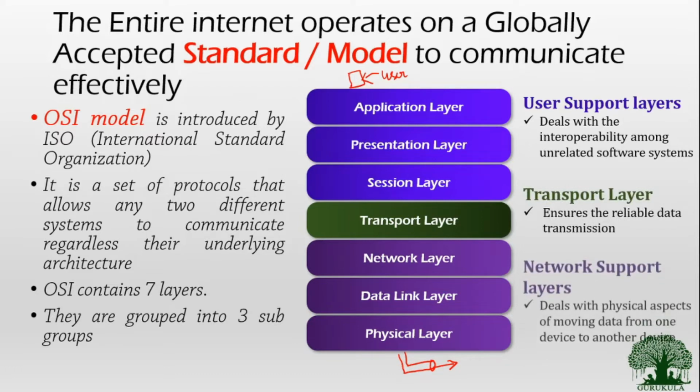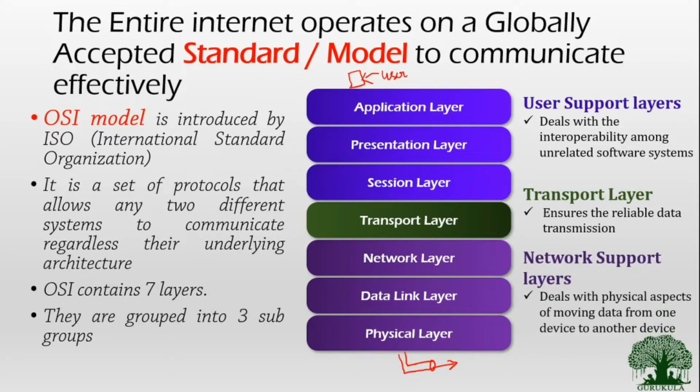And the last 3 layers, that is the network layer, data link layer and physical layer, are responsible for the physical aspects of moving the data from one device to another. So this is how the OSI model has been formulated, and all the devices manufactured to get connected on the internet should follow this protocol layering standard. And this standard is what we call the OSI model.